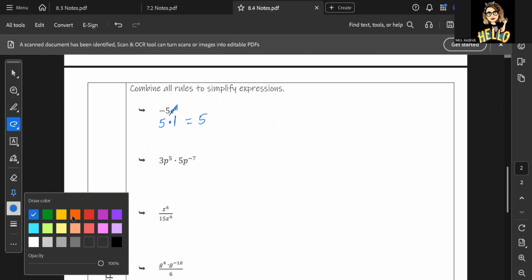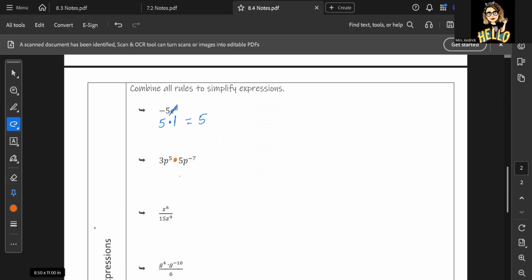This next one, I see a multiplication symbol here. So I know when I multiply straight across, I take my coefficients and I actually multiply them. So 3 times 5 is 15. These have the same bases. So if I have something with the same base, I add my exponents. So 5 plus -7 is -2.